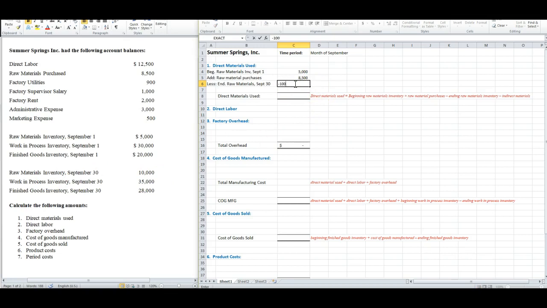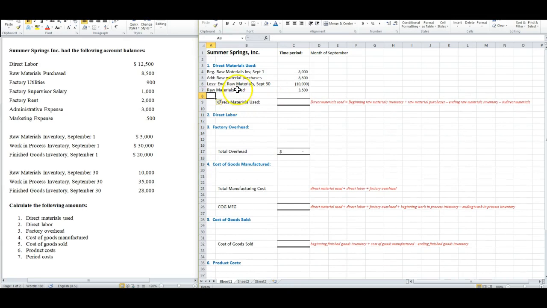So we'll subtract that because we want to subtract what we already have, and that's going to give us the amount of raw materials used. So my raw materials used are $3,500.